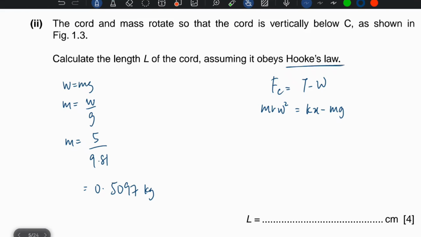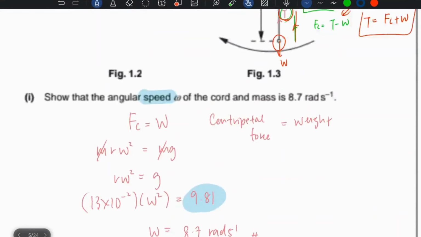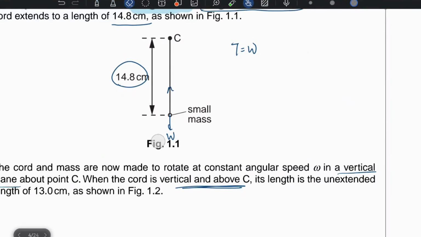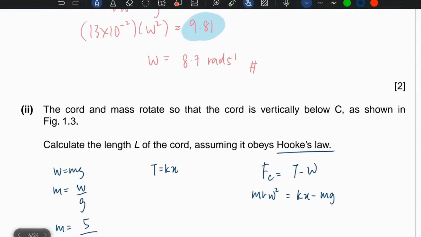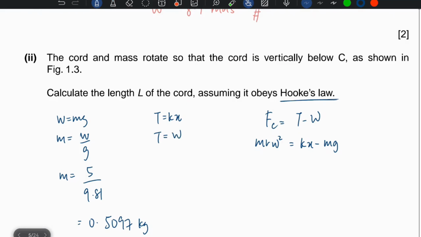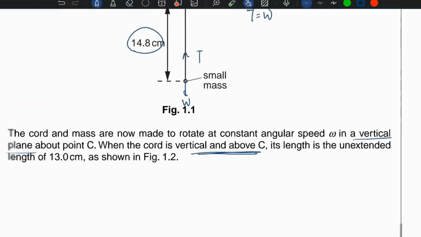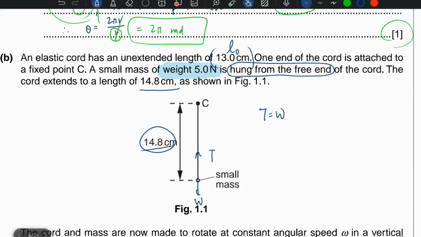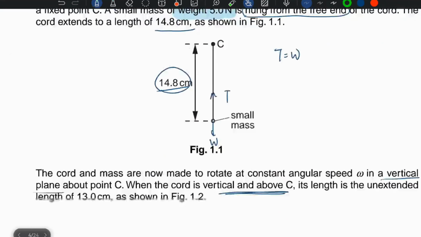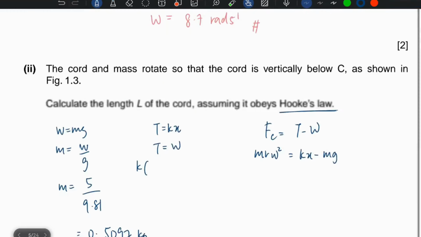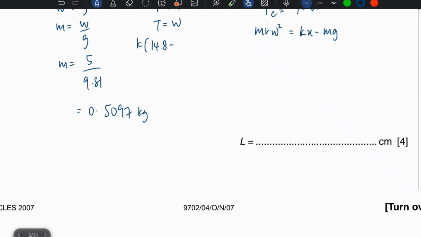Now let's find our K. T equals Kx, right? That's what you know. But in this case, since it's hung freely, we know that tension is equal to the weight. K is what you're going to find. Your extension would be 14.8 minus the original length, which is 13 centimeter. So 14.8 minus 13.